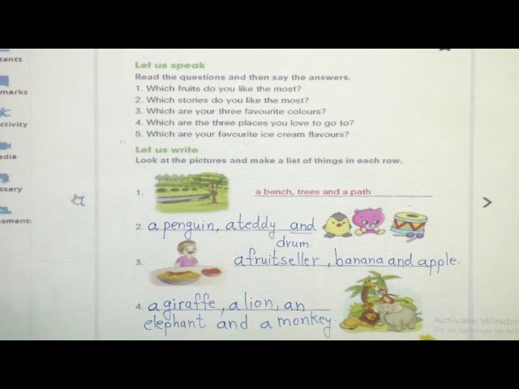Okay, so in this way you have to complete this sentence.